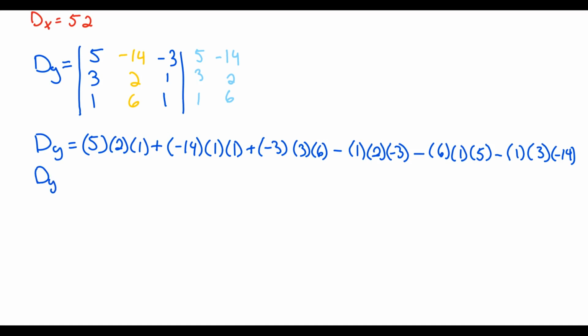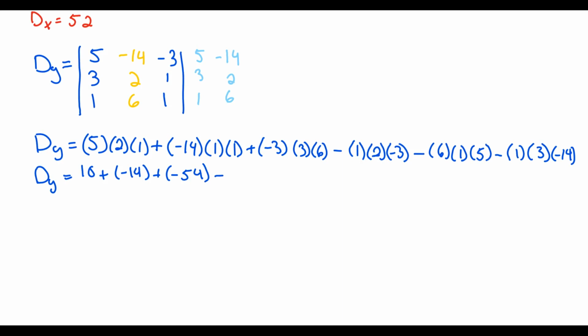So d sub y is equal to 5 times 2, which is 10, times 1 is 10, plus negative 14 times 1 is negative 14, times another 1 is a negative 14. Negative 3 times 3 is negative 9. Negative 9 times 6 is going to be a negative 54.